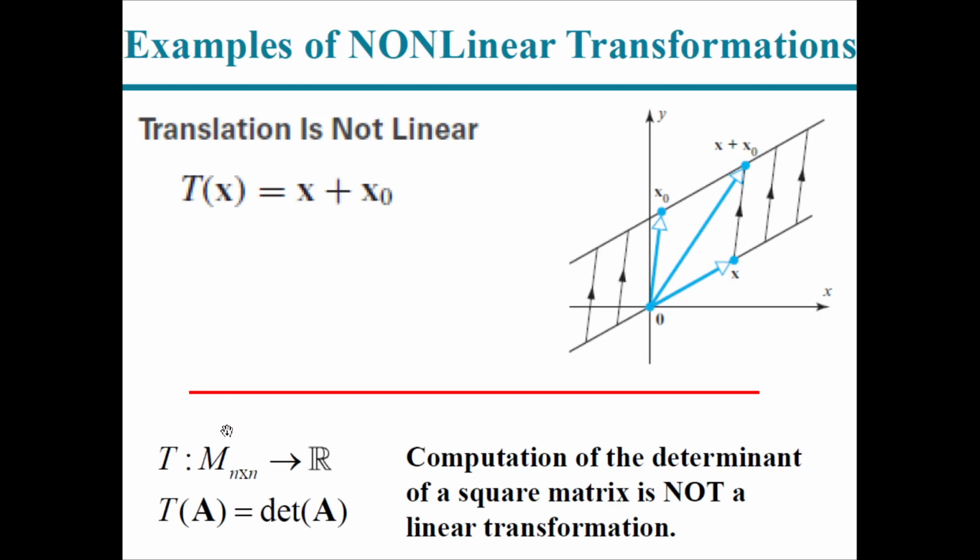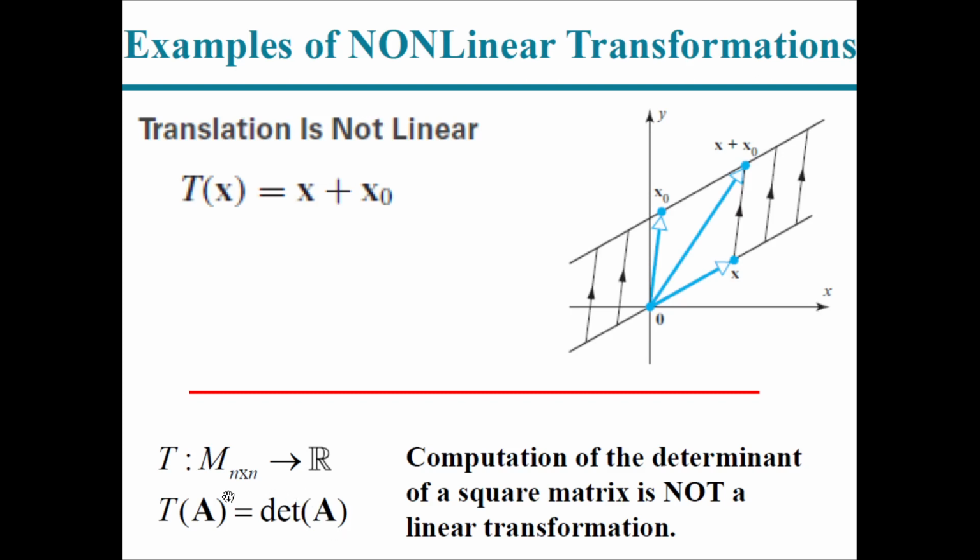There's another transformation we are used to, the computation of the determinant. This transformation takes as an input a square matrix, and it does something to its components, and it produces a real number. So the computation of the determinant, we know it is not linear.